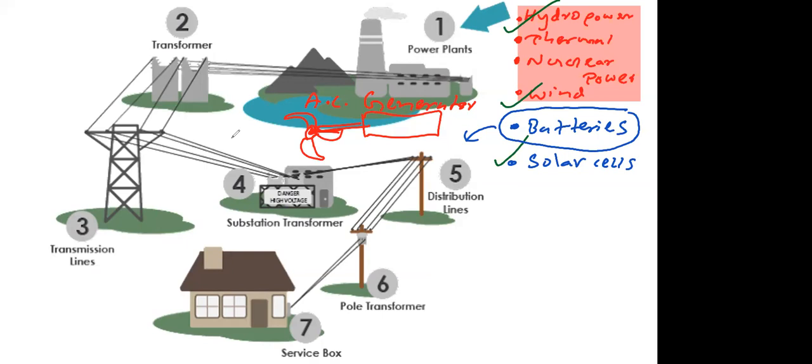Okay, so this diagram is not given in your textbook, but in the oral paper they might give a similar diagram and ask questions. Some Western province papers also can give a line diagram like this and ask questions.